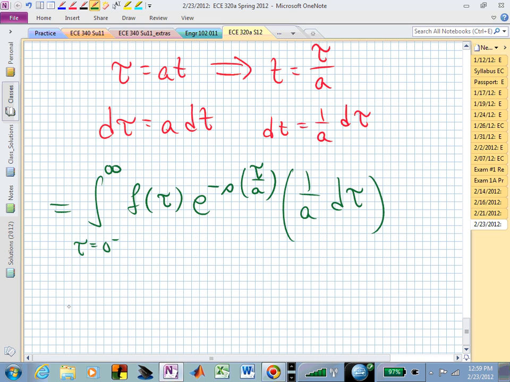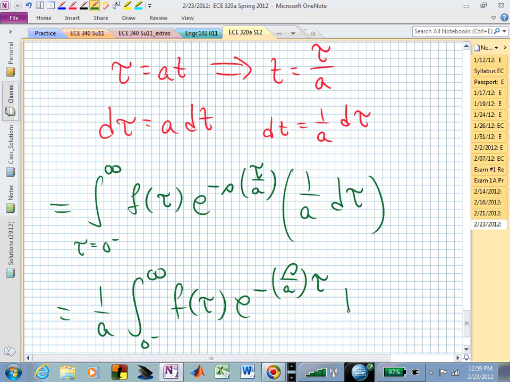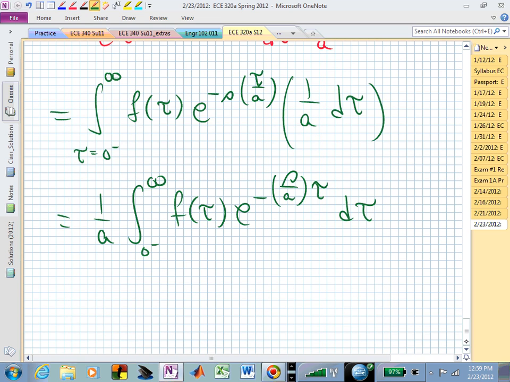If you pull things together properly, you're now integrating with respect to tau. You have f of tau, e to the minus s over a tau d tau, and that looks just like we claimed it would.